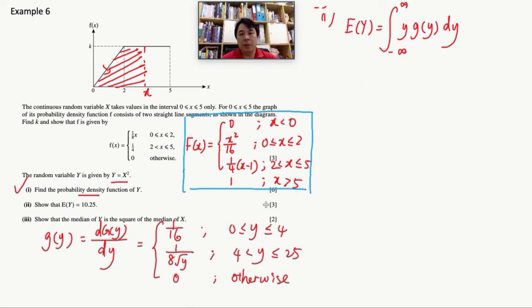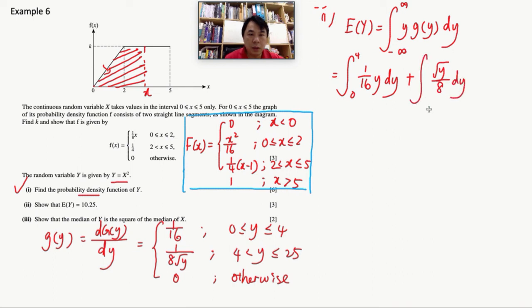But we have a few piecewise sections to deal with. So we perform the first one, y times 1 over 16, dy, from 0 to 4. And don't forget the second one, we need to multiply that by y also, that will be square root of y over 8, dy.